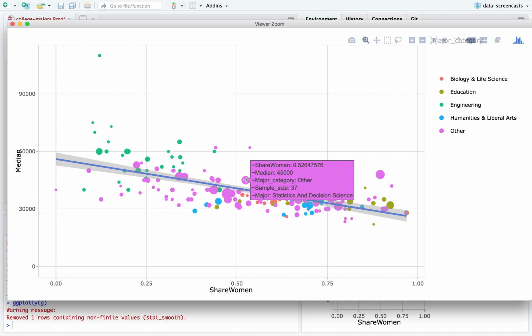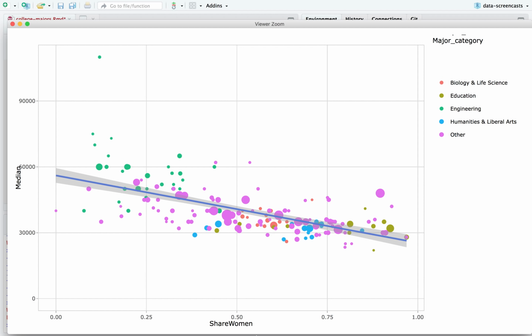All right. Fantastic. So here would be a first draft of a final interactive visualization about the question of how the share of women in a major correlates to the median salary. And we could say things like we notice most of them have a negative correlation.